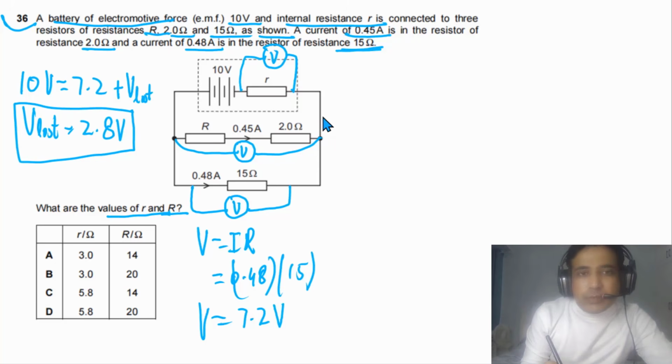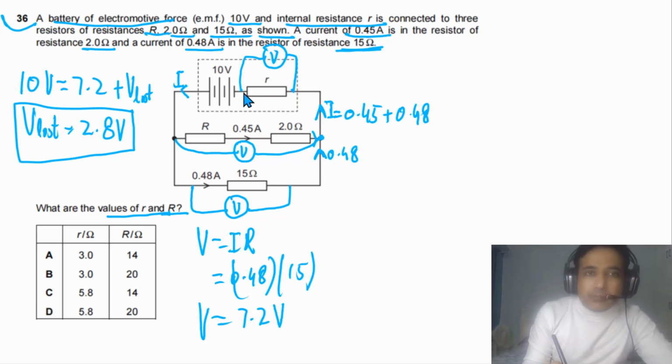And also we can figure out from here current in this branch, meaning current entering the battery and leaving the battery has to be the same, meaning current here at this point and current entering the battery has to be the same. And this current has to be equal to this value 0.45 because this current is entering this junction and current entering from this branch is 0.48. So this is 0.48.